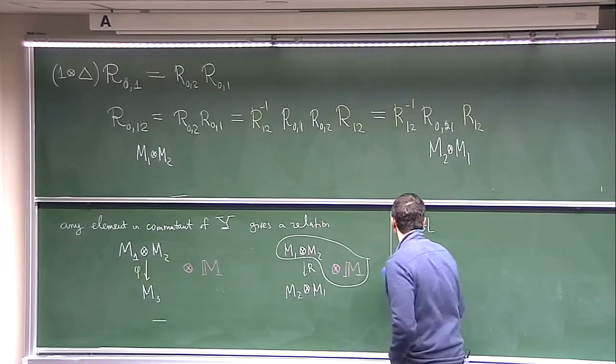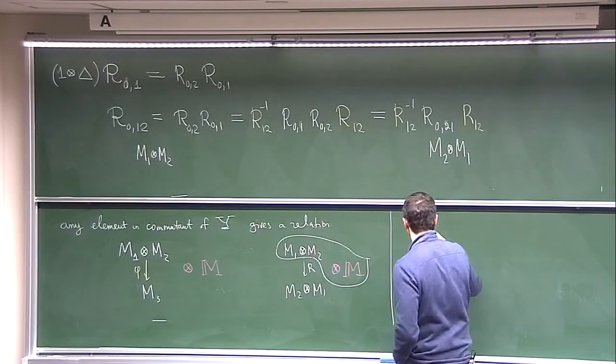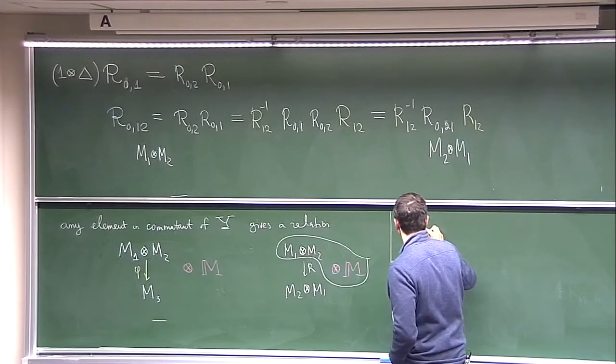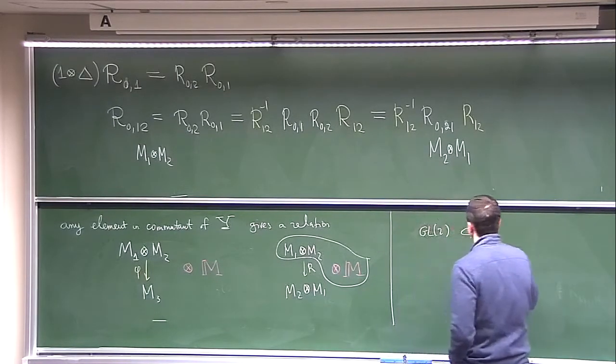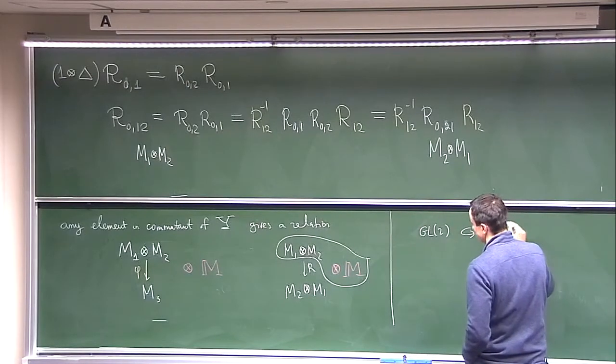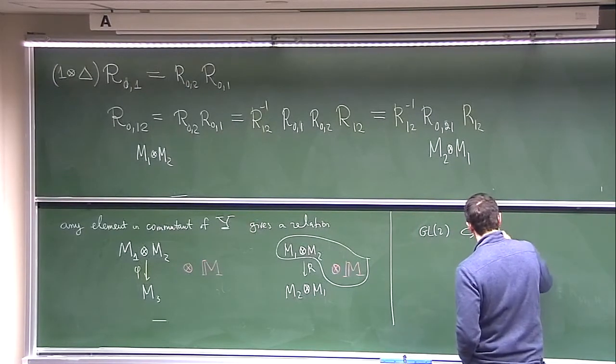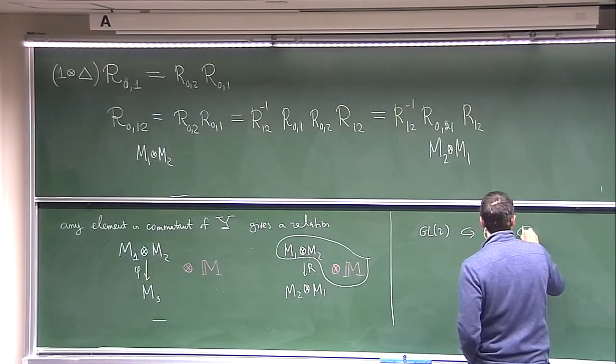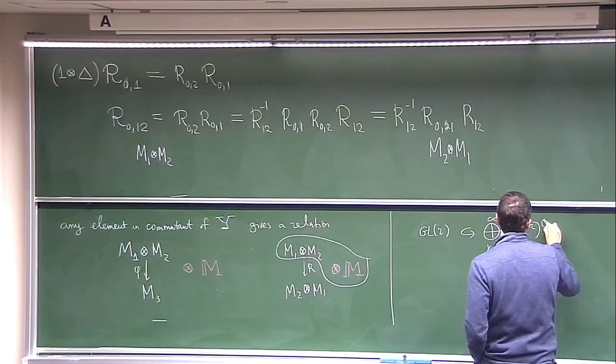Let's see. So GL2 acts in the direct sum, k goes from 0 to infinity, of C2 tensor power k.